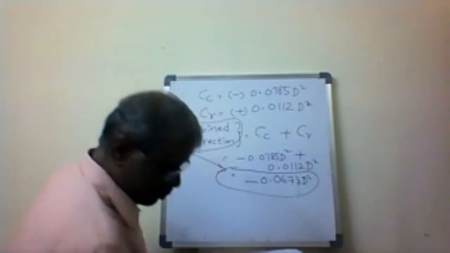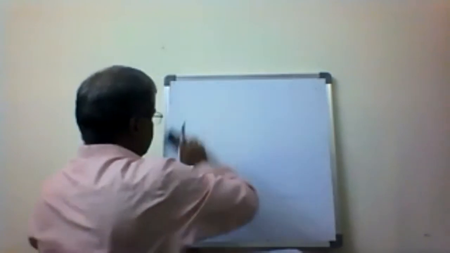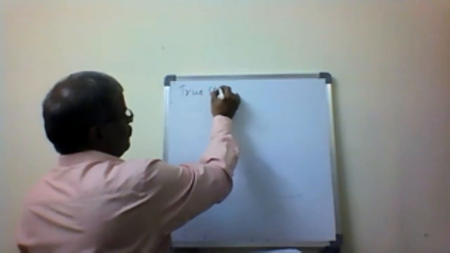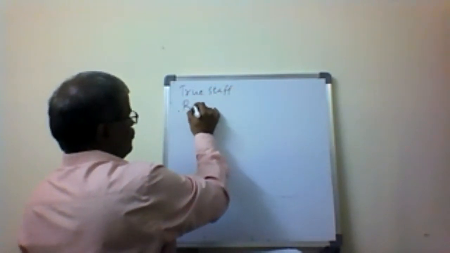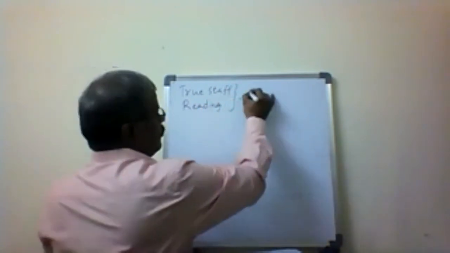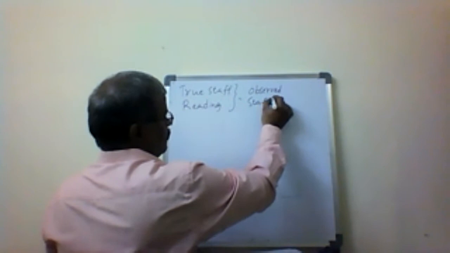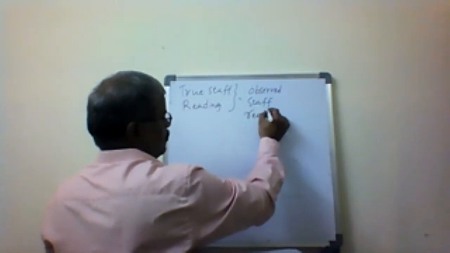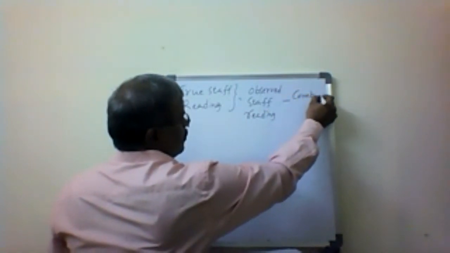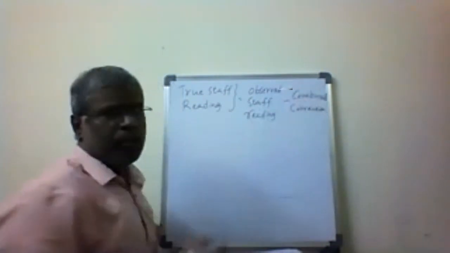So the true staff reading, by using this, is the observed staff reading minus the combined correction.